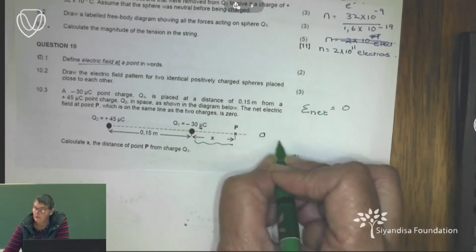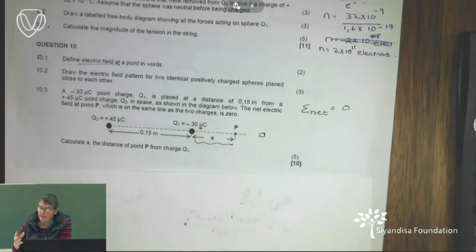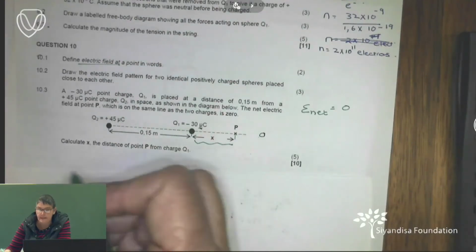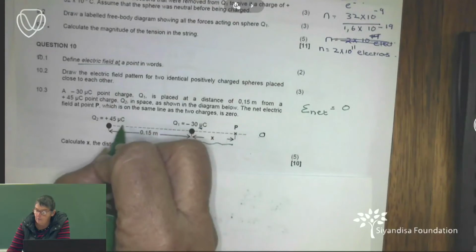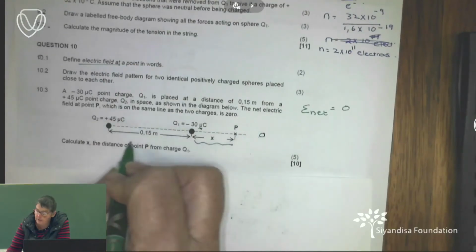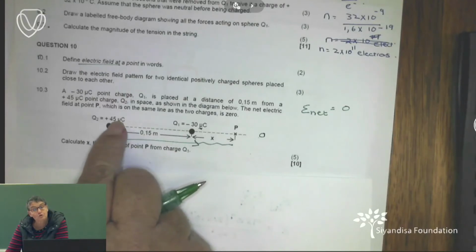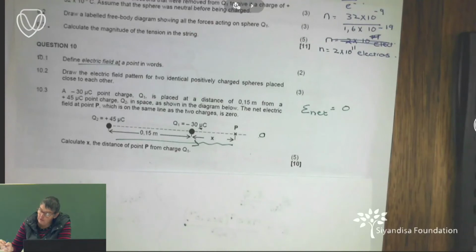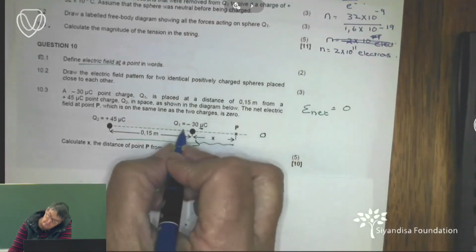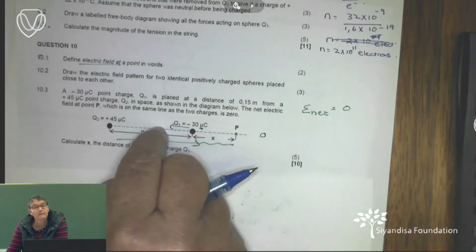Let me just quickly explain a little bit about electric field. Remember, your electric field is caused by the direction that a unit positive charge would move. So in other words, there's an electric field in that direction due to that charge, and then there is going to be an electric field in that direction due to that one.